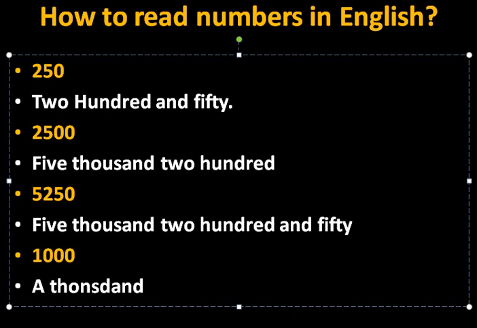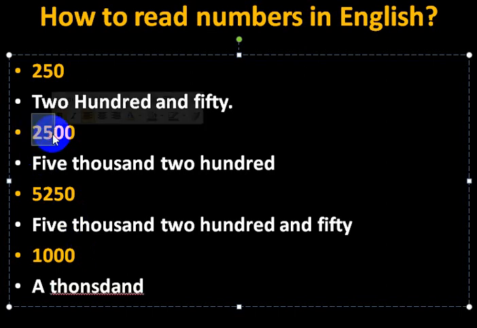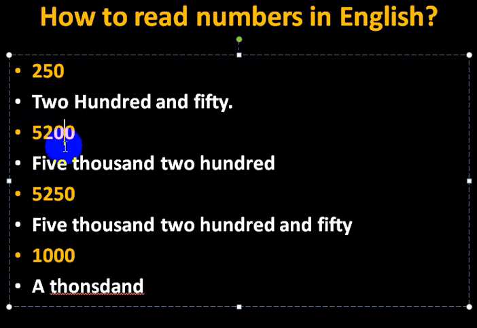But if I have the second one, 2,000, here I think the other way around, it's supposed to be 2,200. 5,200. Okay? 5,200. I didn't say "and" because I don't have tenth.